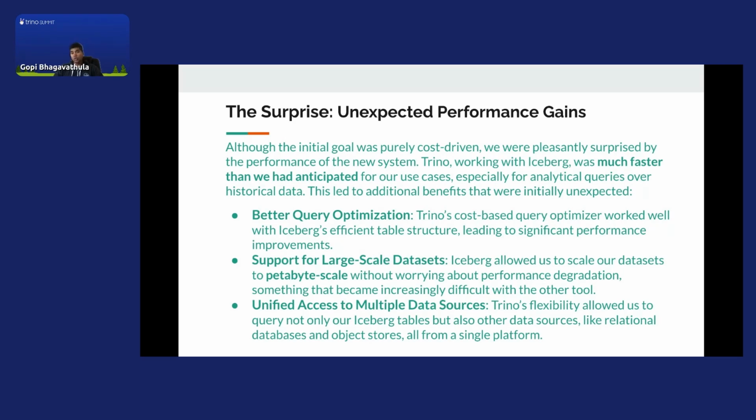Iceberg allowed us to scale our datasets to petabyte scale without worrying about performance degradation, something that became increasingly difficult with other tools. Unified access to multiple data sources. As you're all aware, Trino's flexibility allowed us to query not only our Iceberg tables, but also other data sources like relational databases and object stores, all from a single platform.